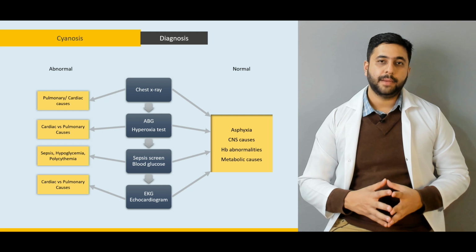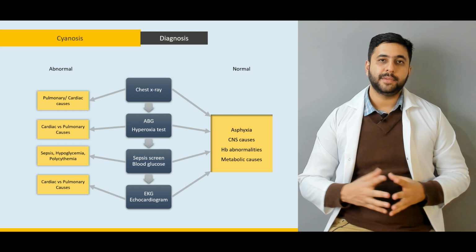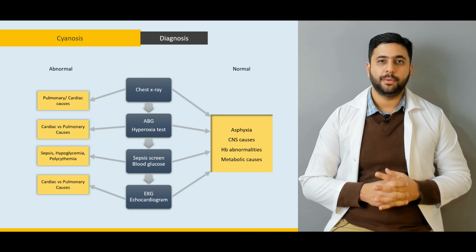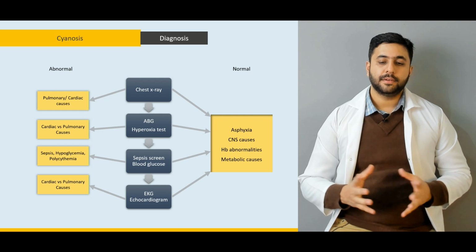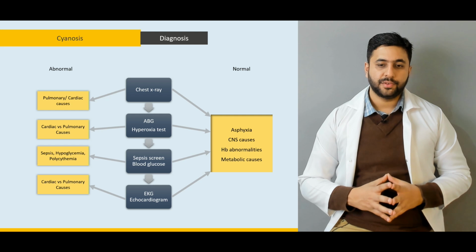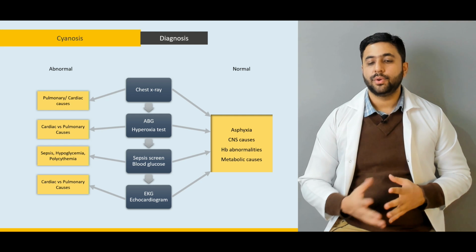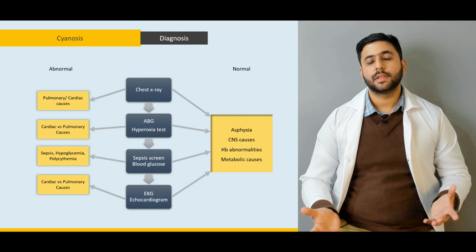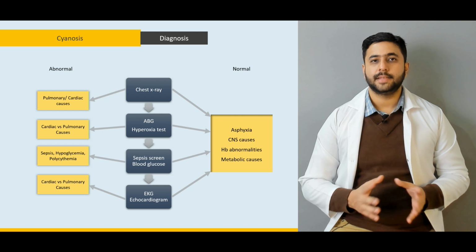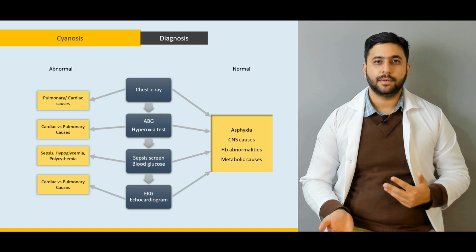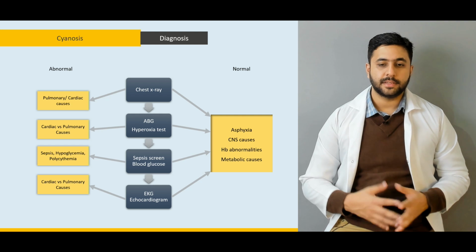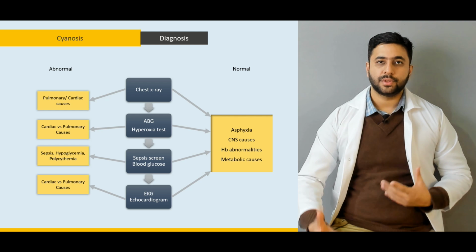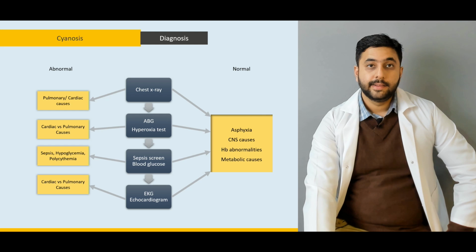Or there is a hemoglobin abnormality which we have missed, for example, someone with sickle cell anemia or any other cause of hemoglobin abnormality. These are going to be diagnosed by hemoglobin electrophoresis. And then we also have to look at the various metabolic causes, whether the concentration of the various ions in the plasma is adequate, whether there is adequate sodium present, adequate potassium present. So we have to investigate along those lines to arrive at a diagnosis of the cause of cyanosis in these patients.